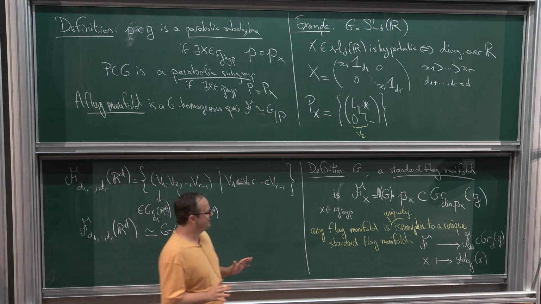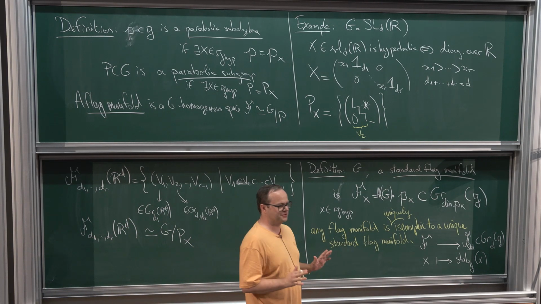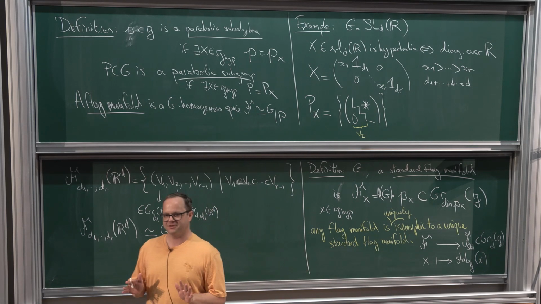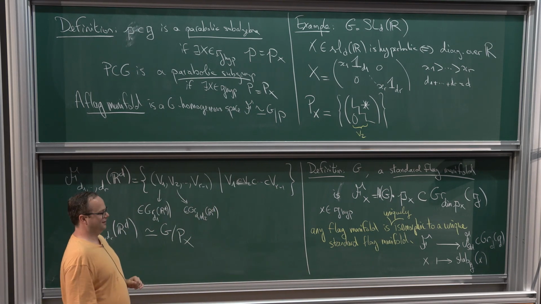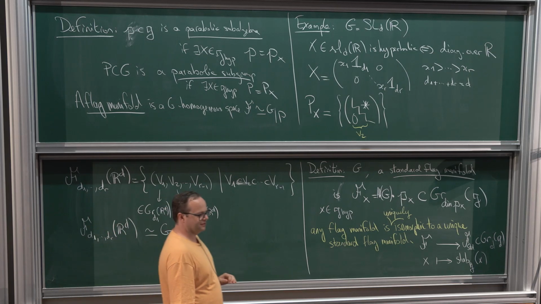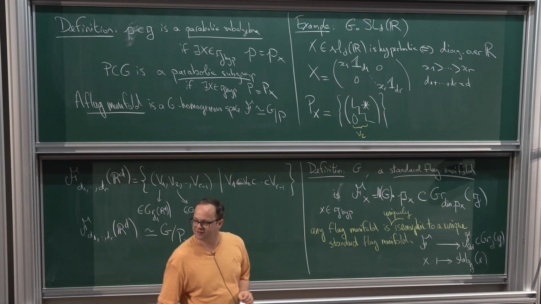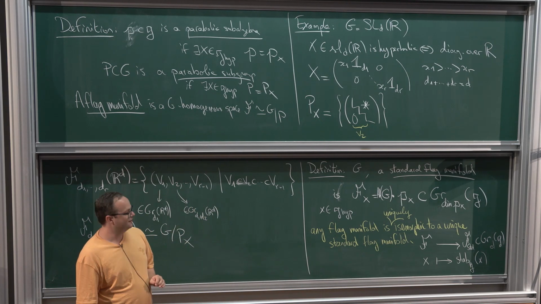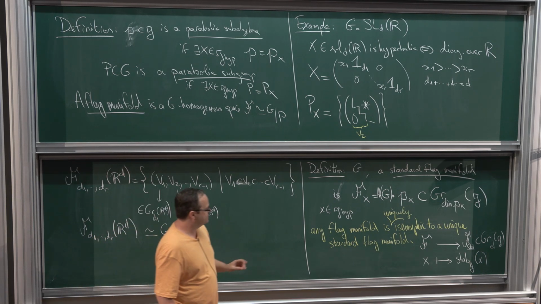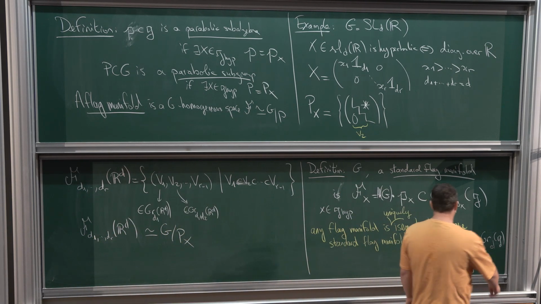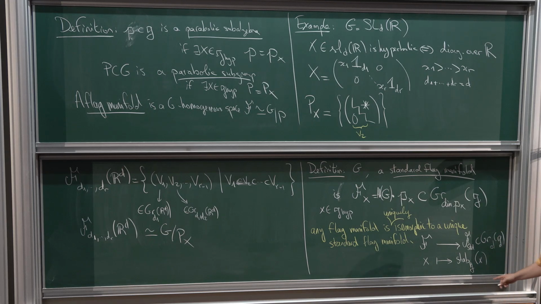This is really something that has helped me to understand how to work with flag manifolds, to actually treat them as something really natural and canonical. By the way, what's the stabilizer in the algebra? The stabilizer, this is the Lie algebra of the stabilizer. You say, right? Yeah. Yeah.